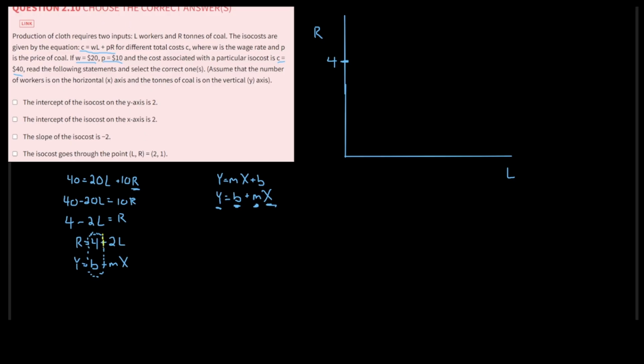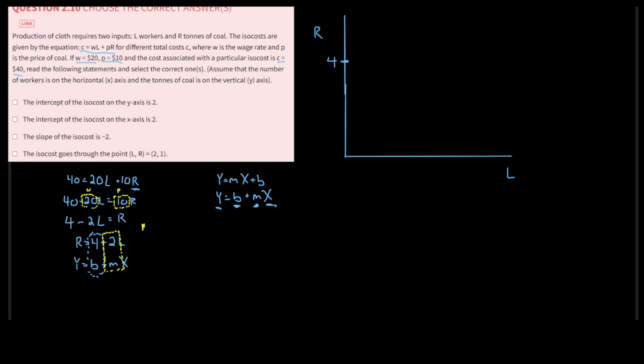From here, we can go over and say, what's our slope? Well, we have a slope of -2. Just for reference, if you see what we did there, how did we get that -2? That was the 20, which that 20 was our wage, divided by the 10. That 10 was the price of coal.